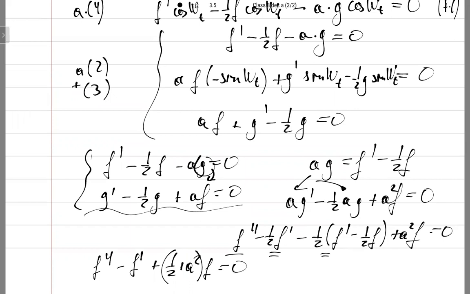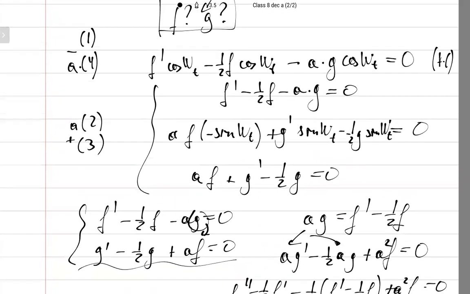Yeah, am I right? It seems so. It should be 1 over 4. No? Yeah, 1 over 4.